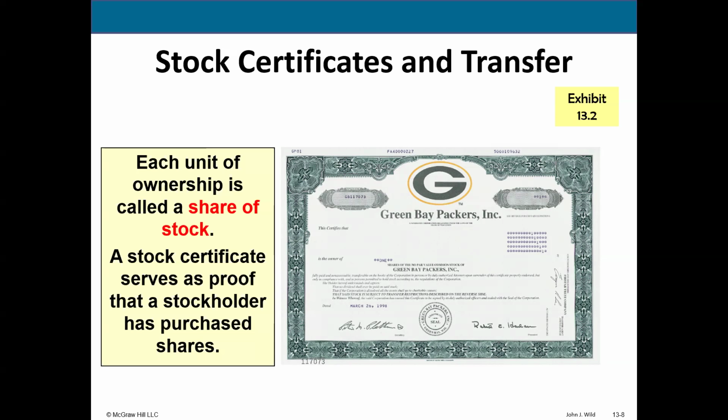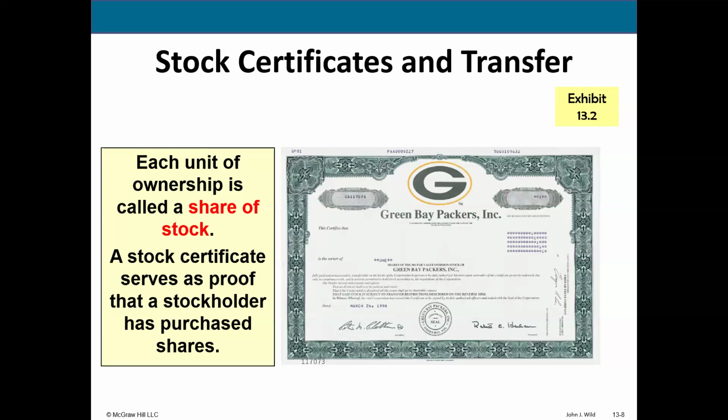Here on the slide, we see a share of stock in a football organization that is publicly traded, Green Bay Packers. Now, you'll notice that it's printed on actual stock paper. That's where the name came from. Well before we had computers, we would print the shares of stock on actual stock paper, right?